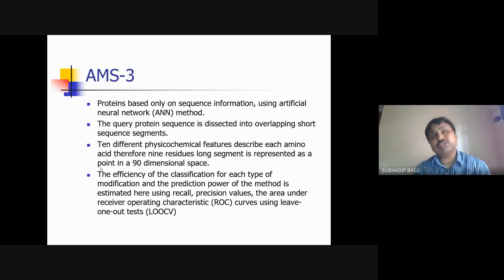And the leave-one-out test, do you know what that is? If you have a small number of ground truth samples, often you need to do a LOOCV test. Say you have samples for which you know a particular residue has been modified, for example S-palmitoylation.